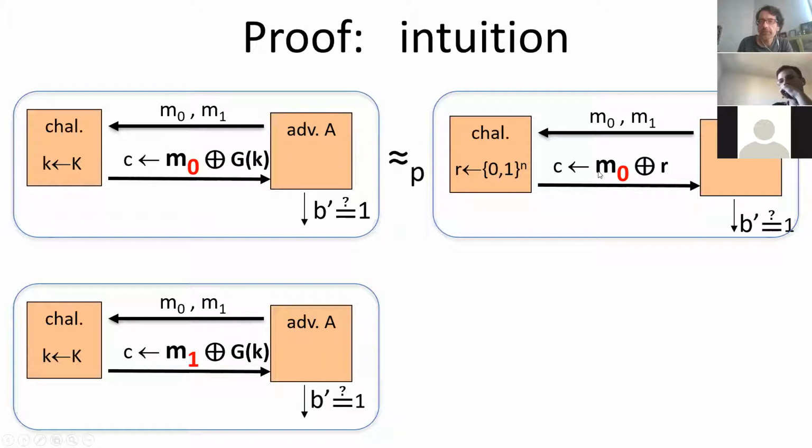The modification is that rather than use the stream cipher and pick a random stream cipher key and run the stream cipher by running the PRG on the key, instead I pick a random string of the same size as M0. This, by the way, is a one-time pad.